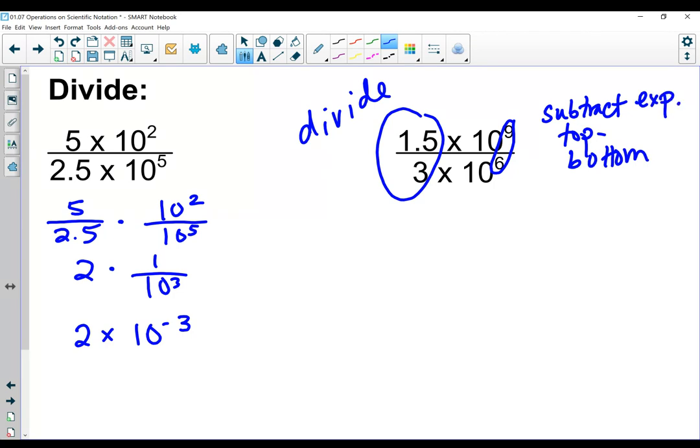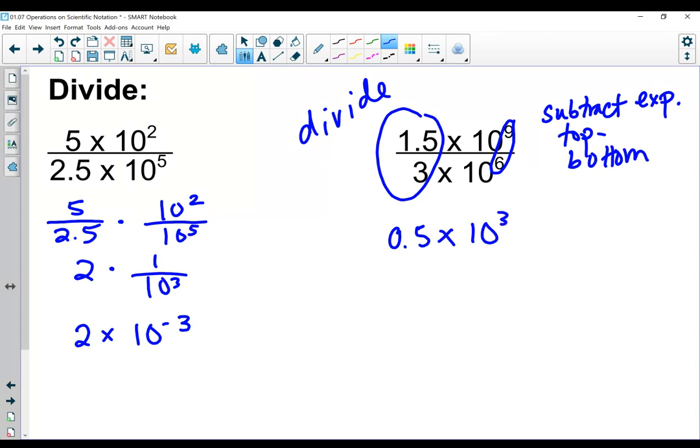Subtract exponents. So 1.5 divided by 3 really makes me think of 15 divided by 3. 15 divided by 3 would be 5, but I have a 1.5. So this is going to be 0.5. And then I subtract my exponents. 9 minus 6 would be 3.